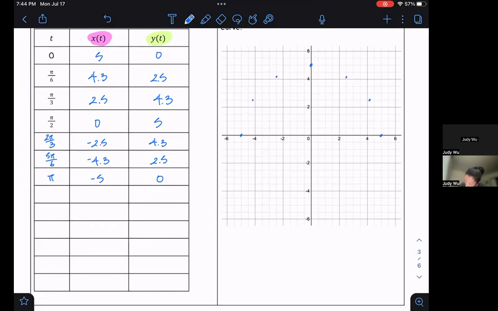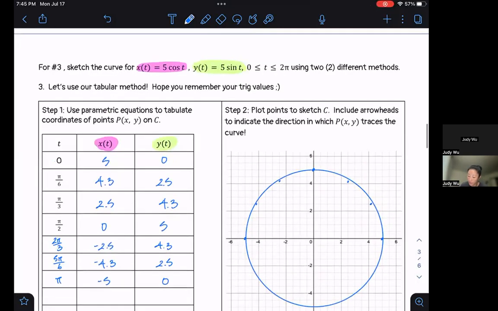Well, let's try that again. And lo and behold, if we were to plot everything exactly the way that it is, we would end up with a circle with a radius of 5. Now that's not a coincidence.